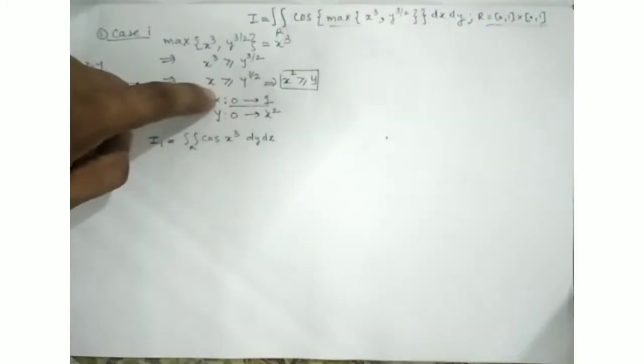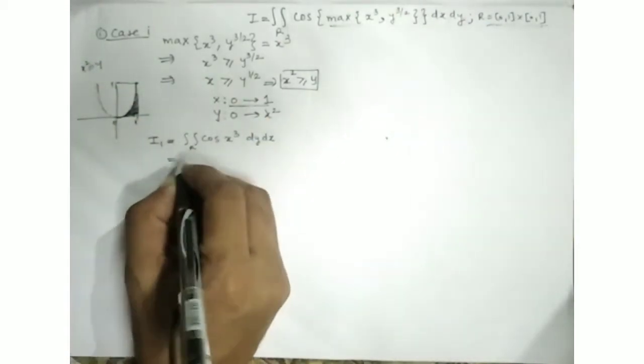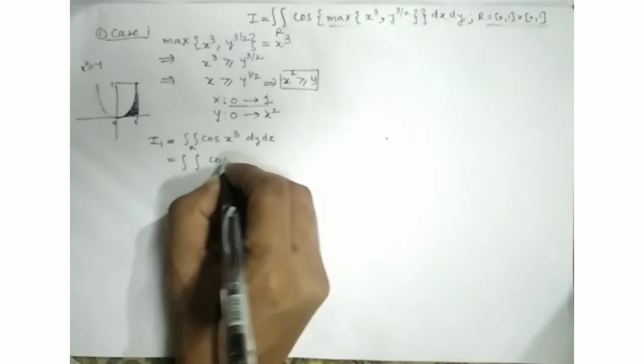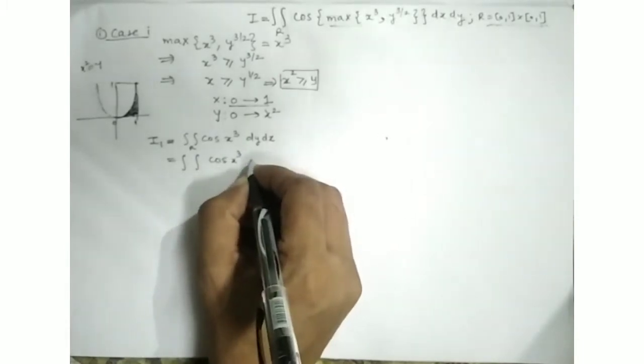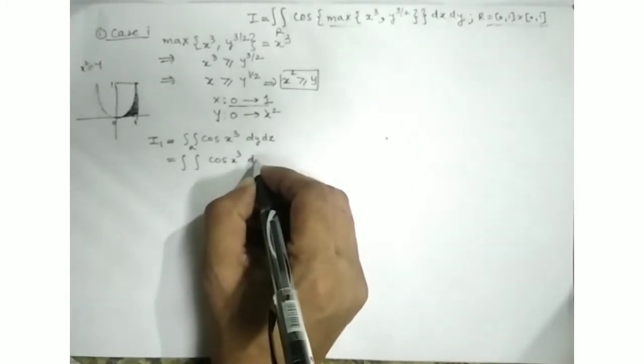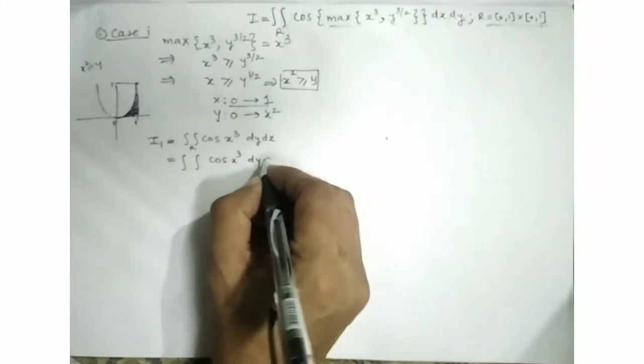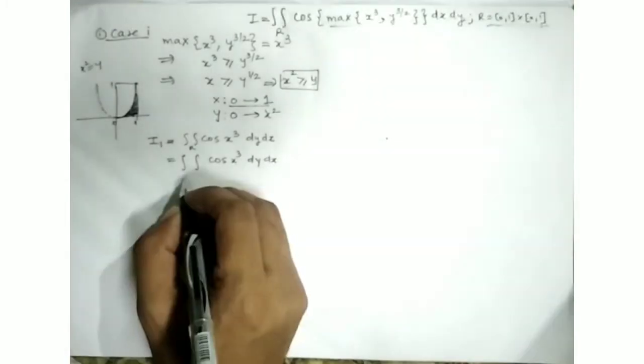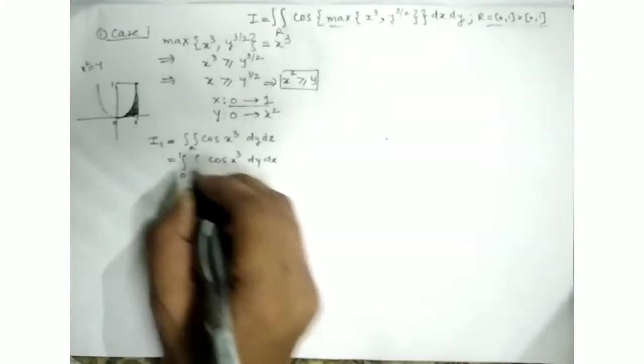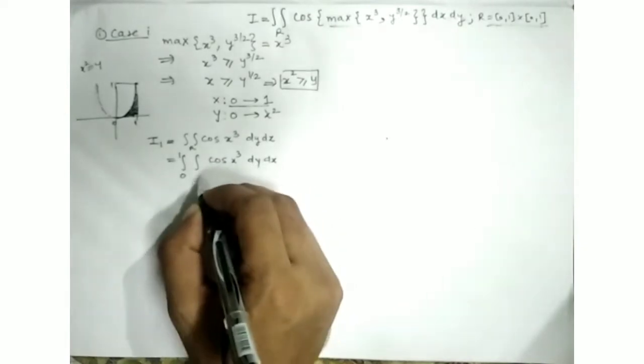Whichever limit is constant, we have to take it outside. Now substitute the limits. The limits for x are 0 to 1, and the limits for y are 0 to x square.